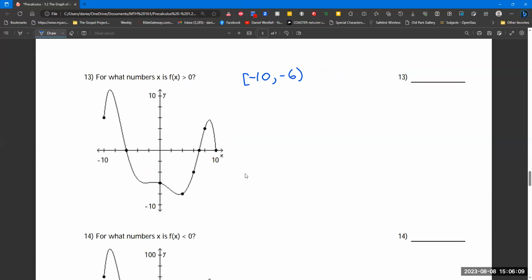Then it's not positive until we come all the way over here to, let's see, 2, 4, 6, it looks like 7. And it's not positive at x equals 10 because it's 0. 0 is not a positive number, but everywhere between 7 and 10, it's going to be positive.